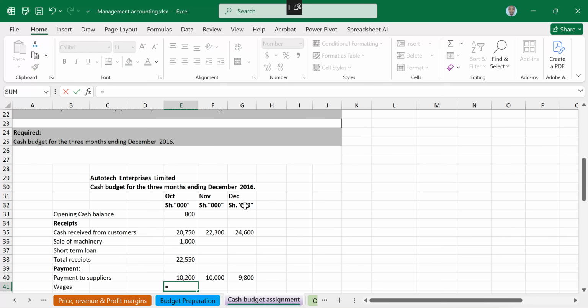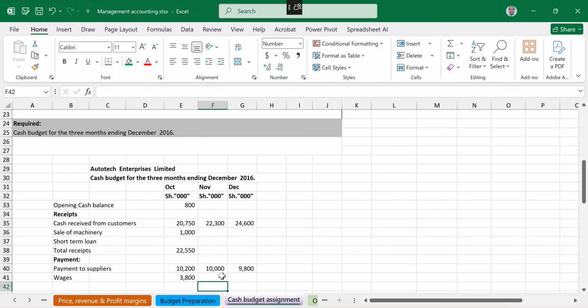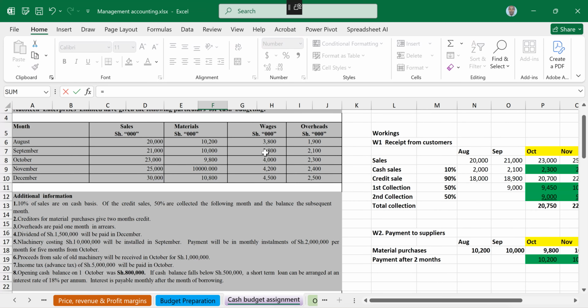For November, wages were 3,800 again. I think it's wrong at the top. It's written 3.8, so you can change at the top to read 3,800. It's written differently on the question sheet.